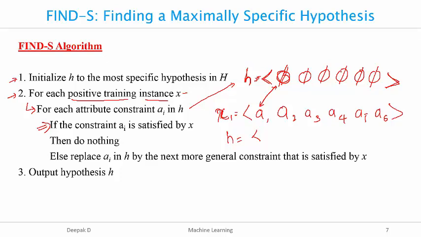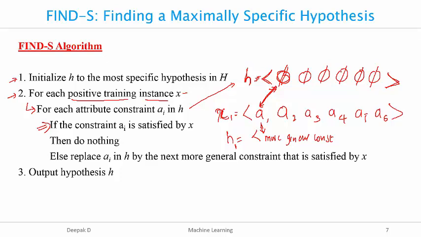If it is not satisfied, then you have to replace the value in the updated hypothesis by a more general constraint.